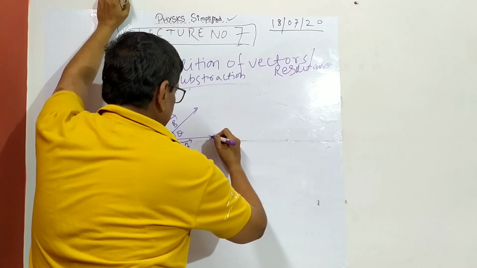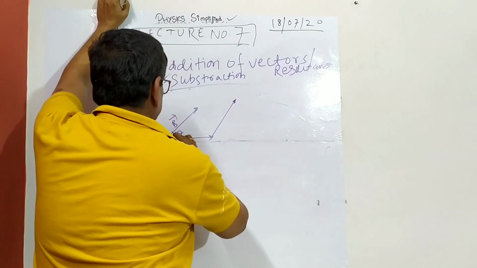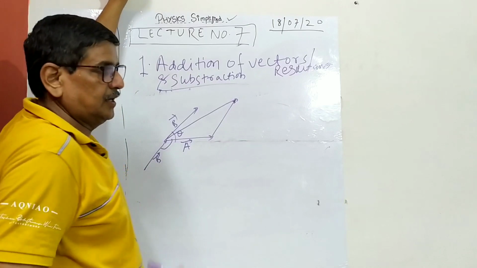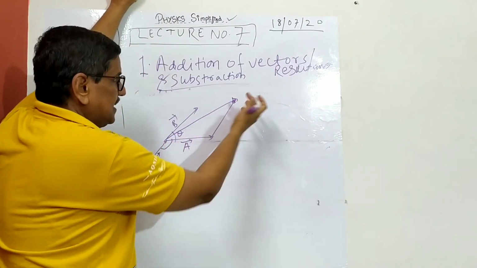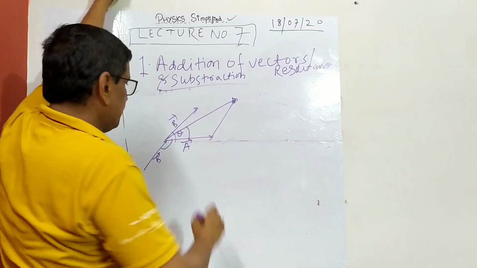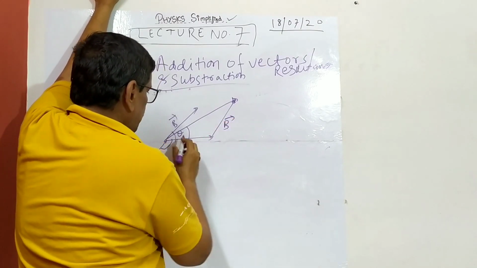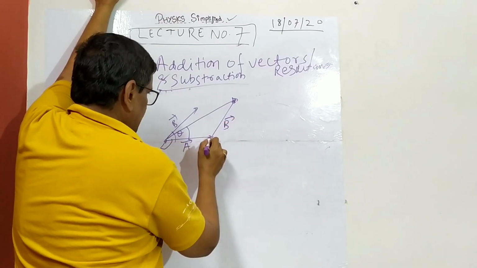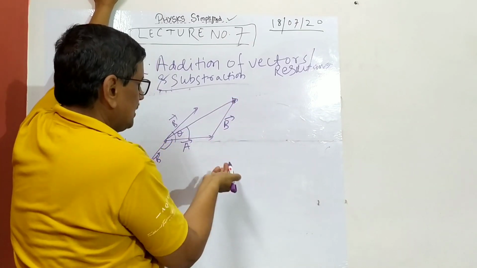I am telling you, head to tail is this head and this tail, and this will be the resultant. If you plot it, you can graphically measure the resultant, scale is there, so you can measure this, and this is the direction. On the graph, this angle you will get. So this is, say, vector B. So from tail to head, and if there are more, this is for triangle I am saying.